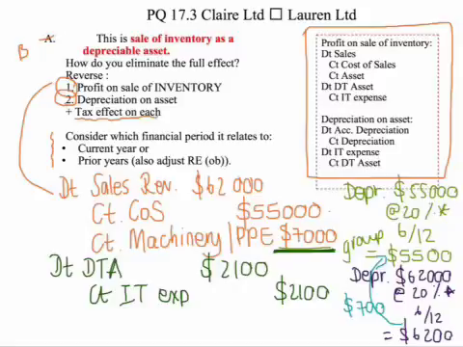So that's the second leg of the entry, to adjust the depreciation on the asset. So we need to reduce depreciation.